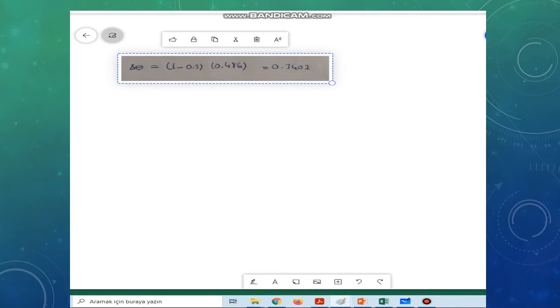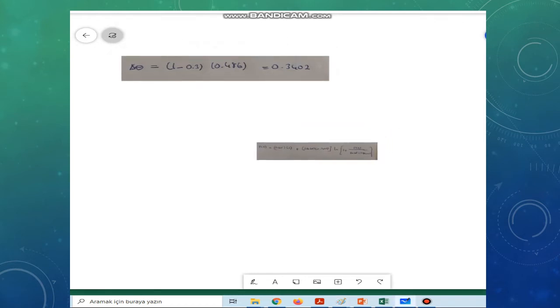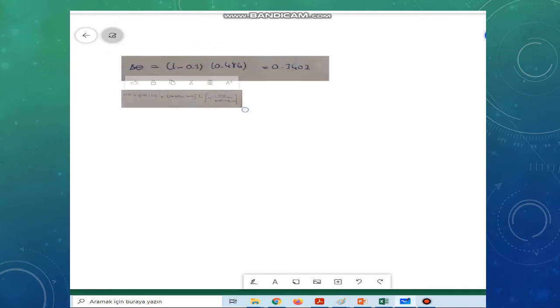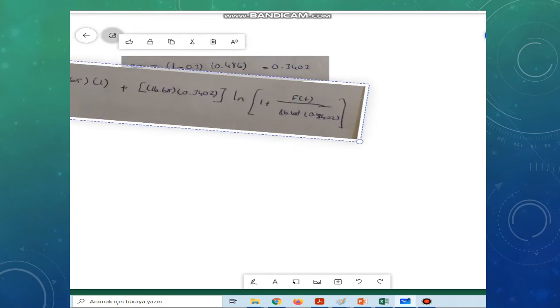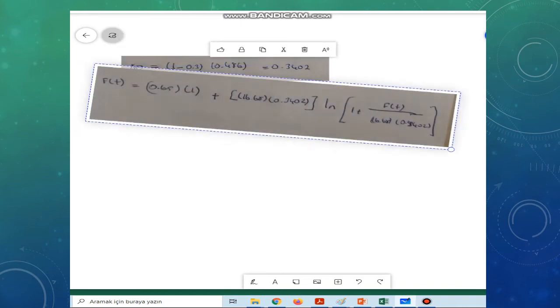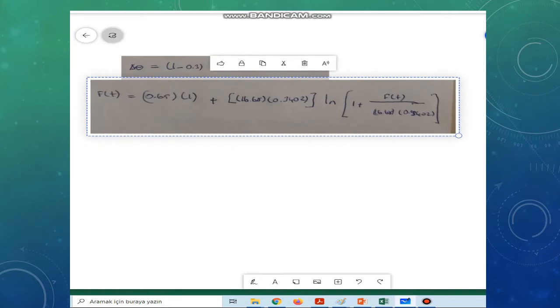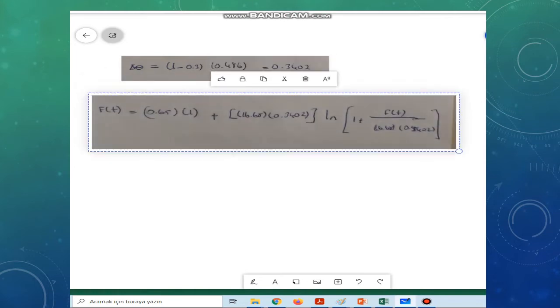After that, we need to plug all these terms into our Green-Ampt equation.